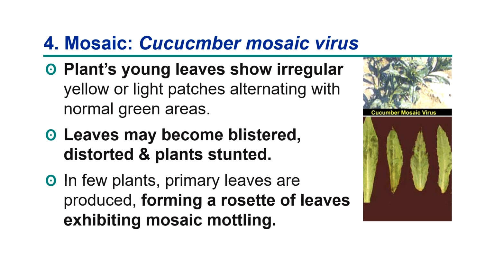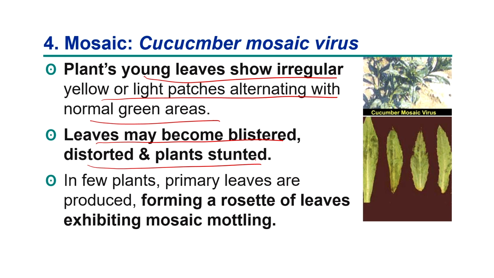Mosaic, this is caused by cucumber mosaic virus, and the plants' young leaves show irregular yellow or light patches alternating with normal green areas. Leaves may become blistered, distorted, and plants are stunted. In a few plants, only primary leaves are produced, forming a rosette of leaves exhibiting mosaic mottling. That means the internode length is shortened and leaves make a mosaic.